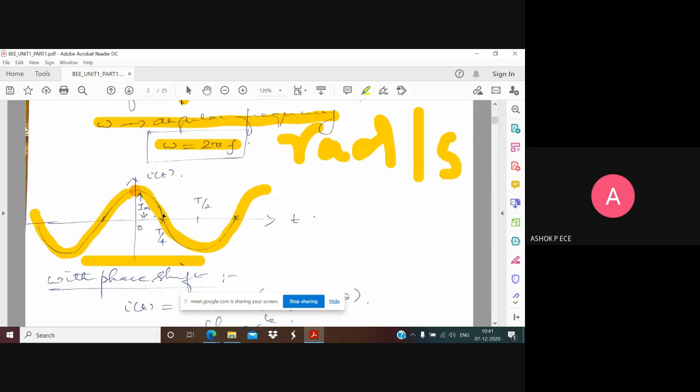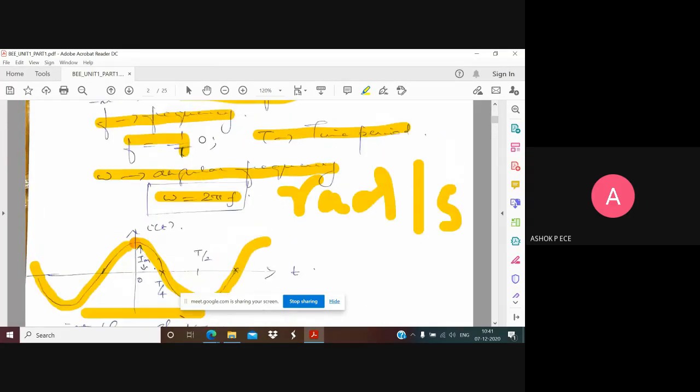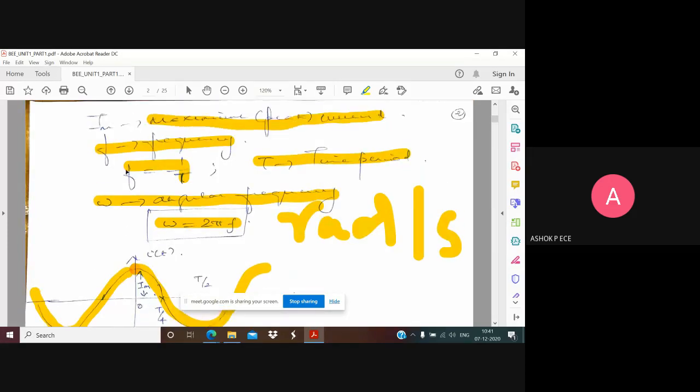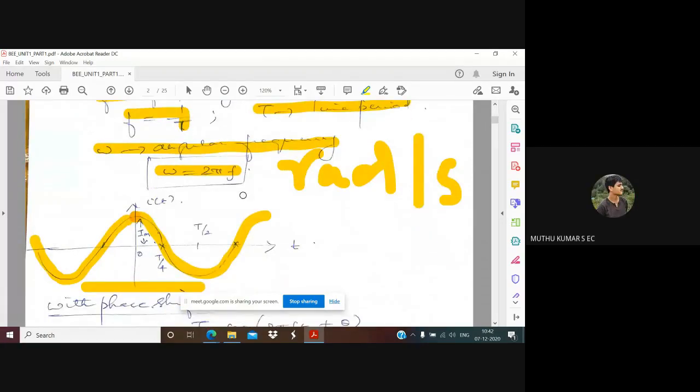In this waveform, this portion of the waveform is repeating periodically, so you measure this time period. Assume the time period is 2 seconds, then frequency will be 1 by 2 hertz. It is difficult to measure frequency from your waveform directly. You measure the time period from your waveform, and the inverse of the time period is going to be the frequency. Okay, sir.